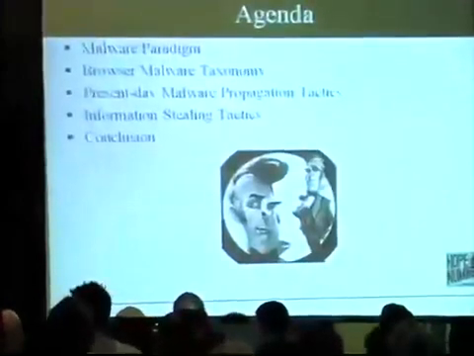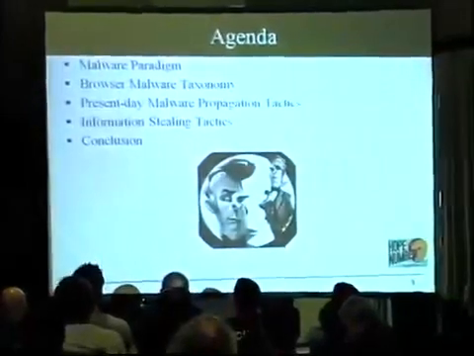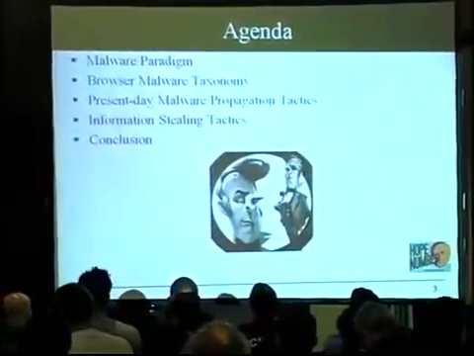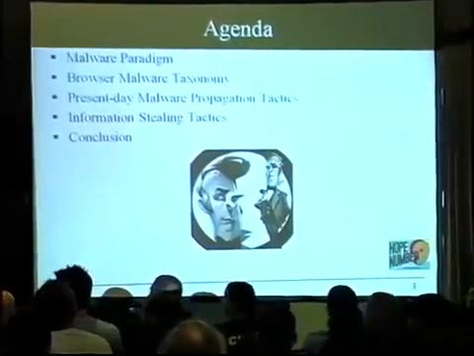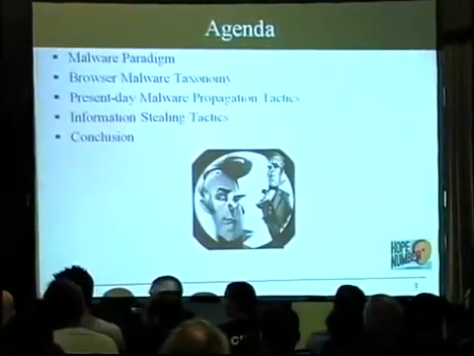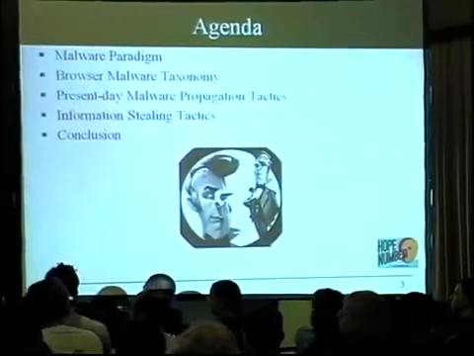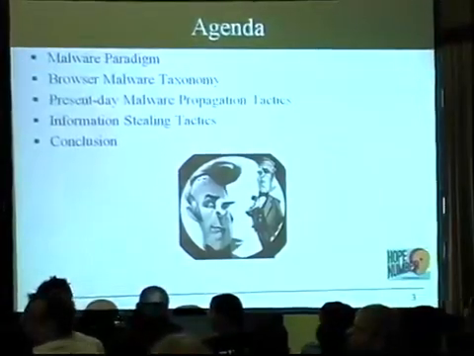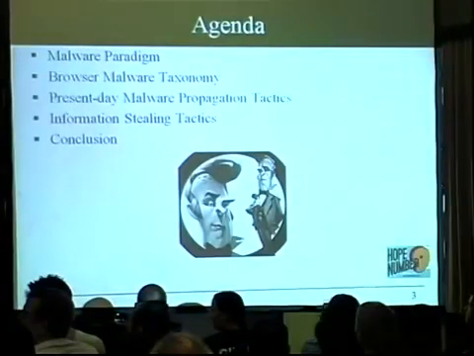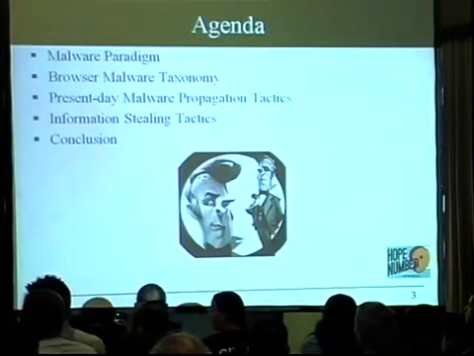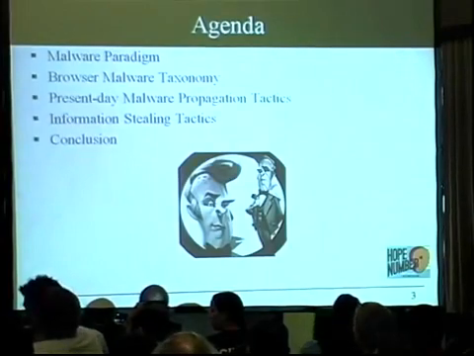So what are we going to talk about today? It's the malware paradigm. We're going to look at the browser malware taxonomy, because understanding a taxonomy is really required to look at the malware from different perspectives. For example, if we want to design robust security or protection mechanisms against malware, we need to build a kind of thin red line that differentiates between the different classes of malware, which gives us a better opportunity to understand what lies at the core or the crux of the malware.